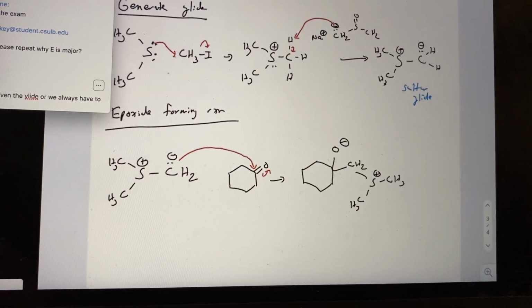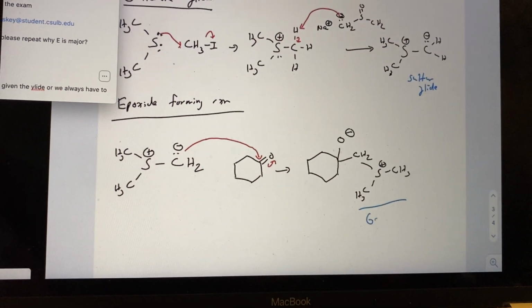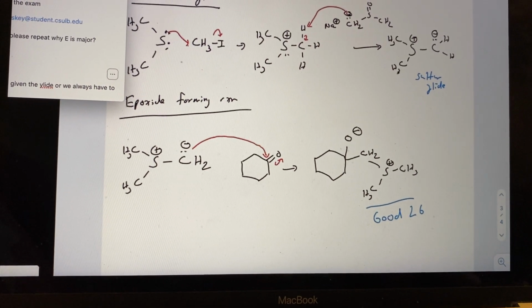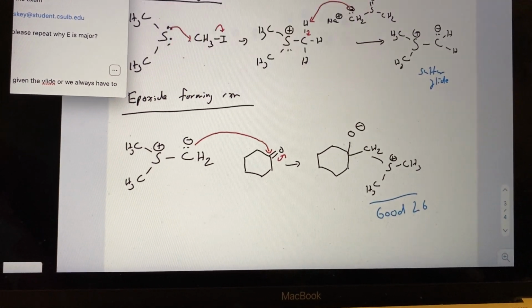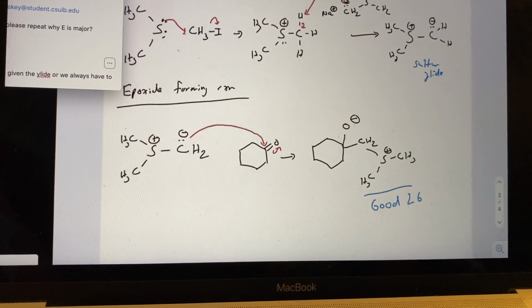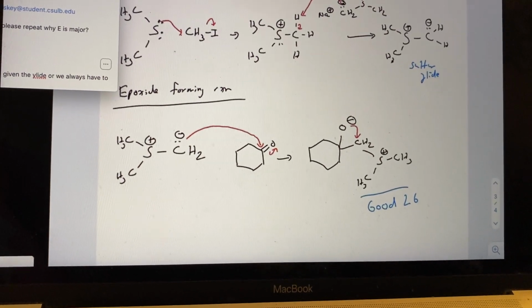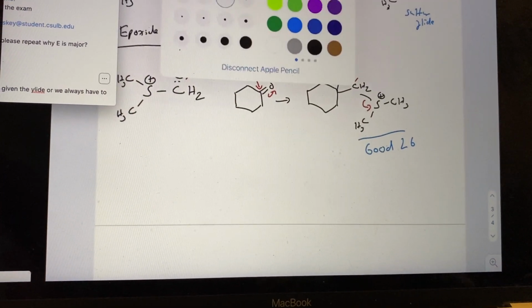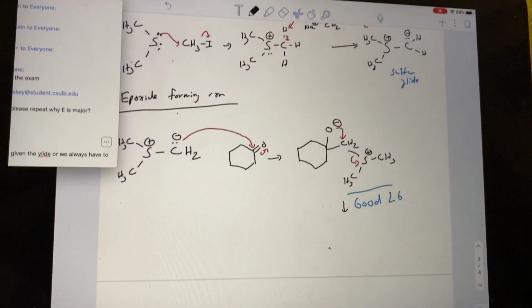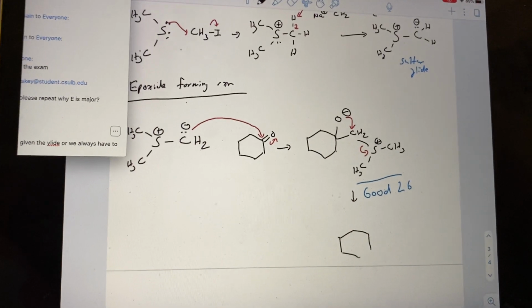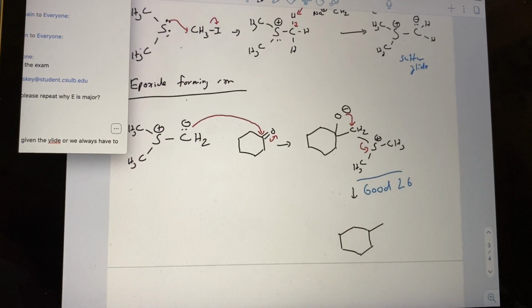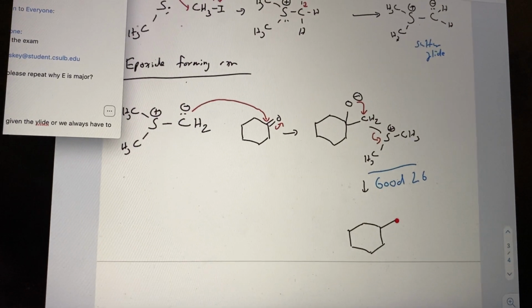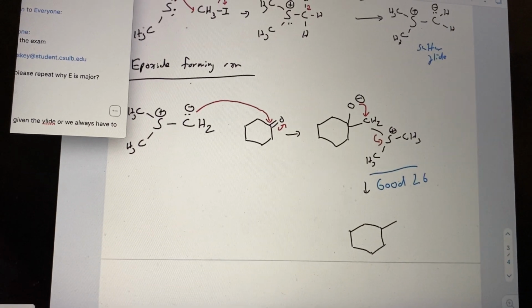So in the end, this is a good leaving group. Now our negatively charged oxygen can attack this carbon, kick out the sulfur, so now we have this CH2 here, which will be this carbon, and that's our epoxide.